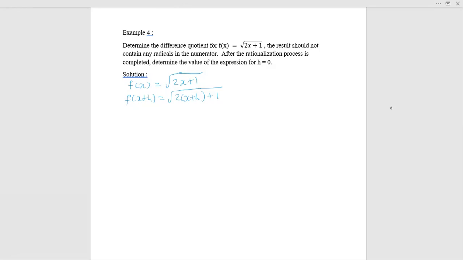Then let's calculate f(x plus h) minus f(x). This one we can distribute and write as square root of 2x plus 2h plus 1.